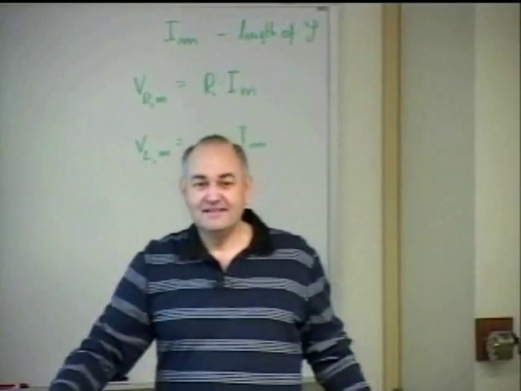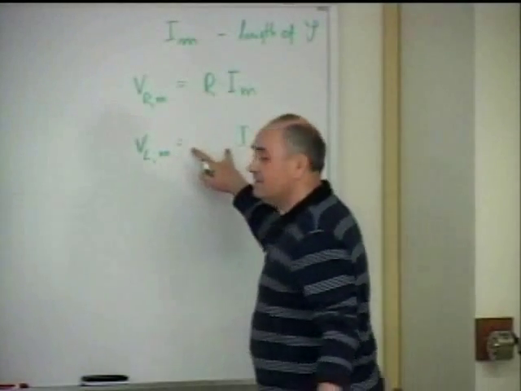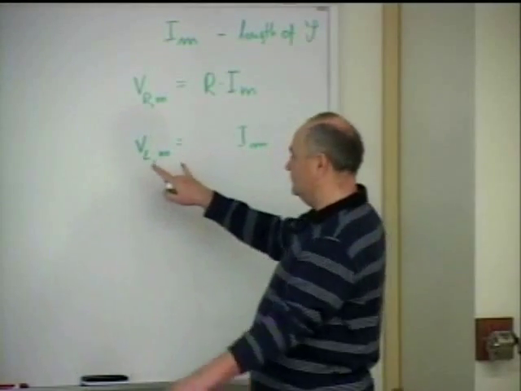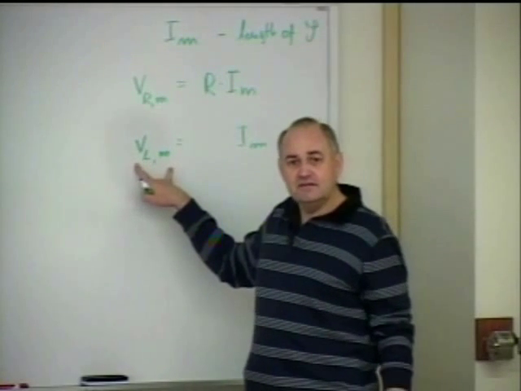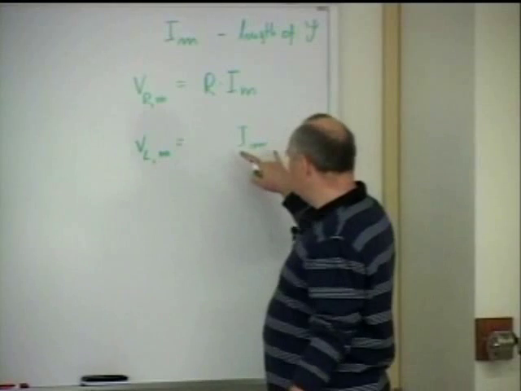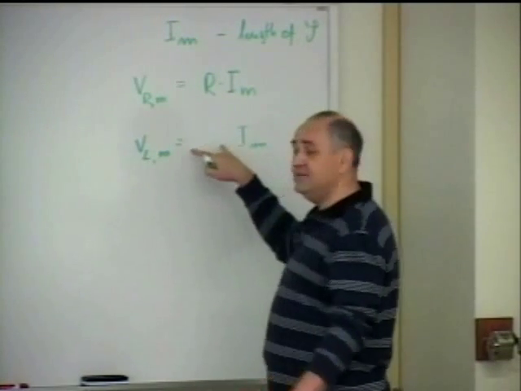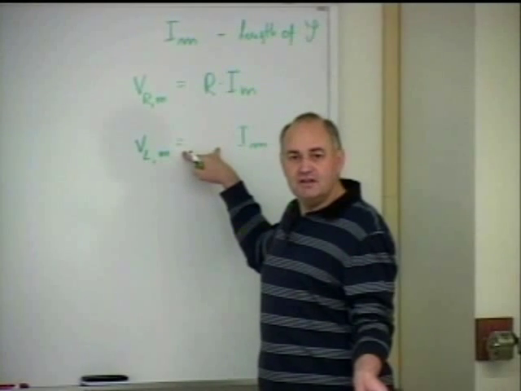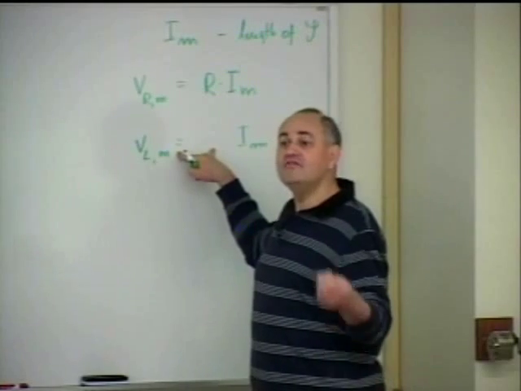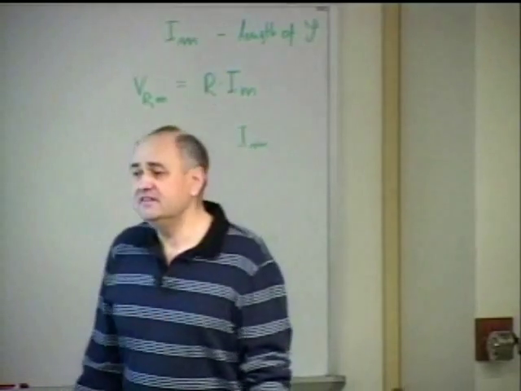And the impedance of an inductor is related directly to the inductance of the inductor. Let's get rid of this R here, and I will put the impedance of the resistor. Here is the impedance of the inductor. Now, how is the peak value of the voltage across the capacitor related to the peak value of the current? What should I put here?